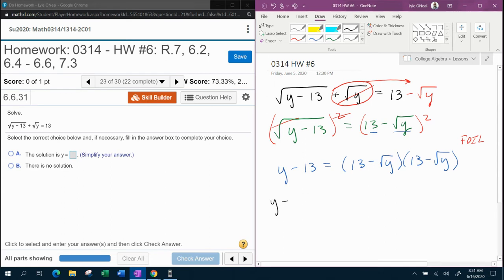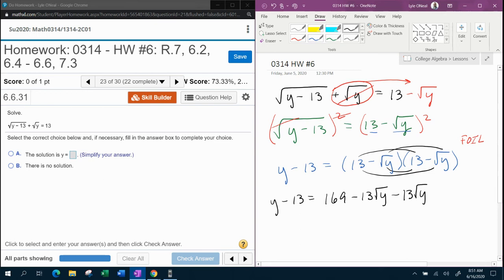Y minus 13 comes down. And doing the FOIL method, we're going to start with first, 13 times 13, that is 169. On the outside, minus 13 square root of y, because 13 times the square root of y is just 13 square root of y. On the inside, we have another negative 13 square root of y.